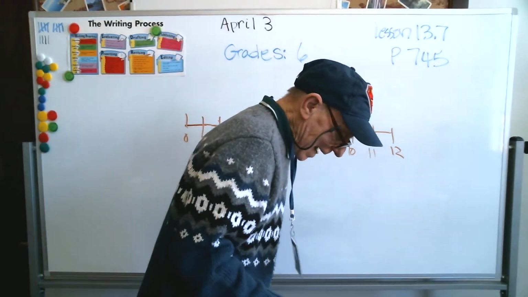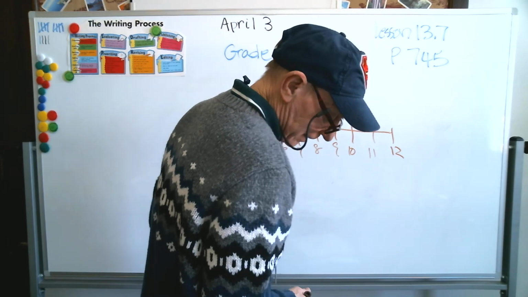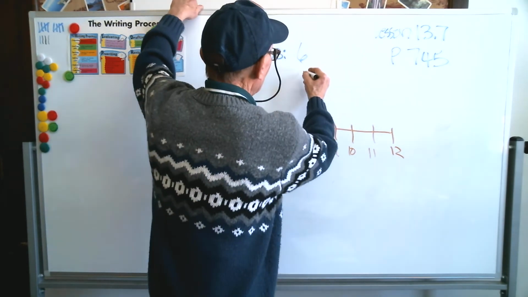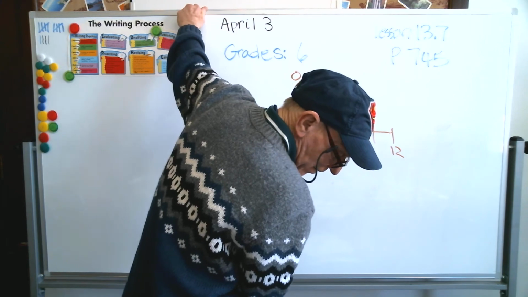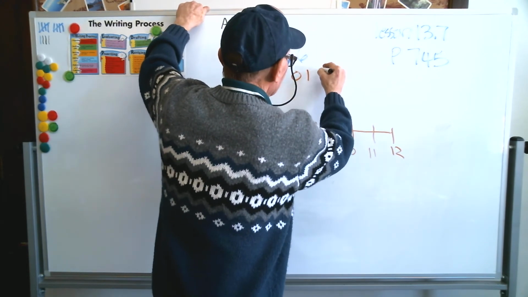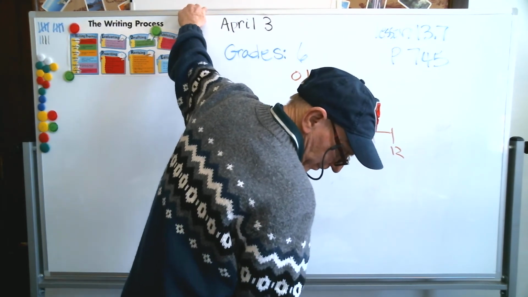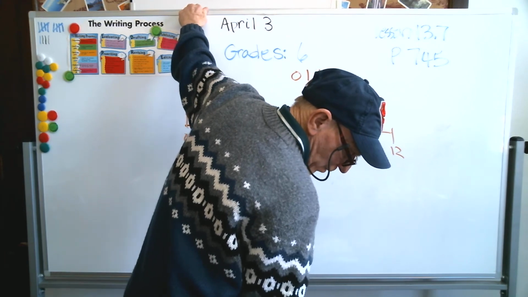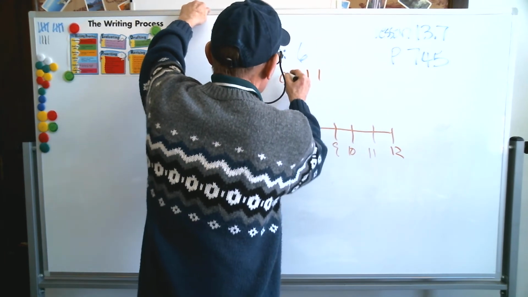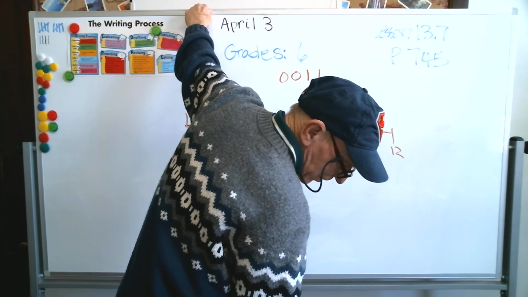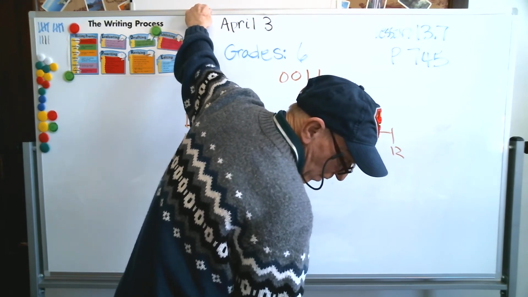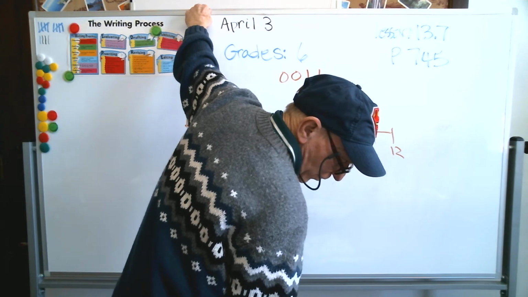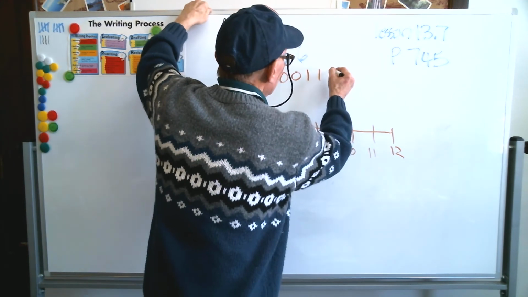All right, now our data set, let's get it up here. We got 1, 0. And it looks like there are 2 1s. And there's 2 zeros. Don't miss any numbers, kids. 2 1s.